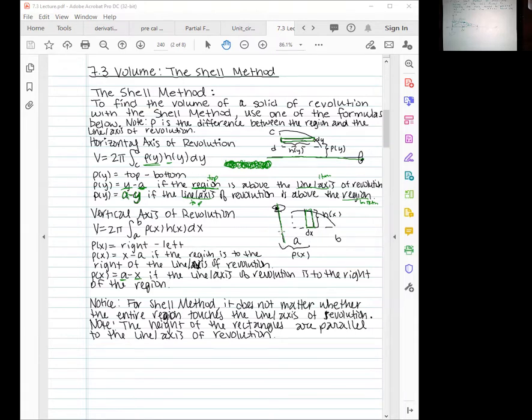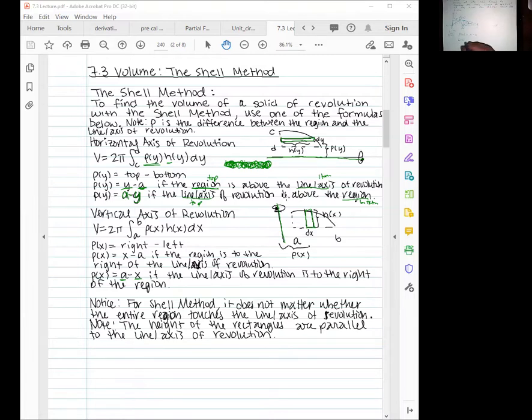So the rho is equal to x minus 0 because the rotation is over here. The 0 is because this is the line x equals 0, technically. Now the height. The height would be similar to what we did before, looking at the function itself.